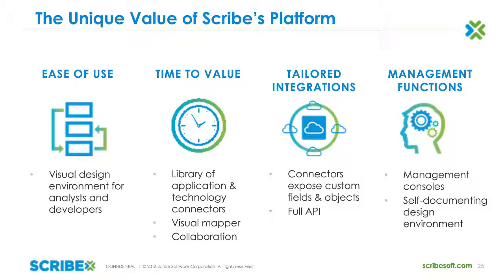I think on average it's 30 days to get value out of the Scribe platform, which is a pretty fast statement. And that comes from the fact that we have a very broad library of connectors, and also the visual tools that you use to create mappings between different systems are really easy, not only easy to use, but fast to create those custom integrations that you'd like to have.